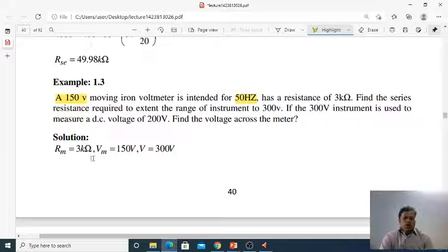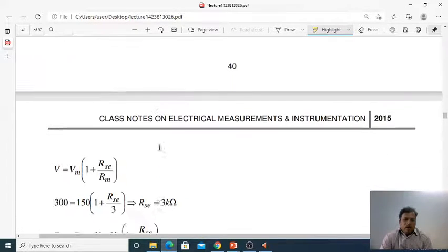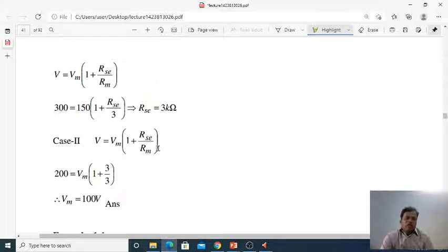Now we have Rm, the meter resistance, equals 3 kilo ohms, Vm equals 150 volts and V equals 300 volts. V is 300 volts, already given because the 300 volts instrument is used to measure DC voltage. Now, V equals Vm into (1 plus Rsc by Rm) by using this formula.